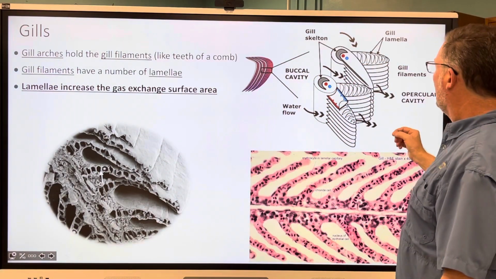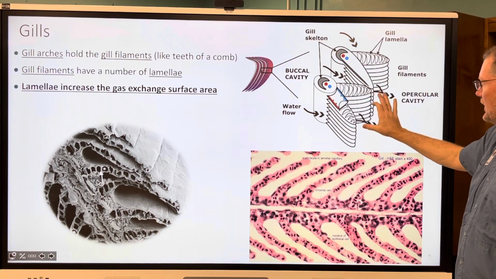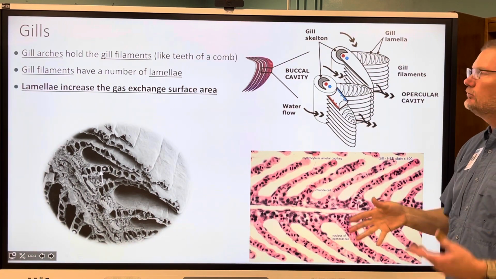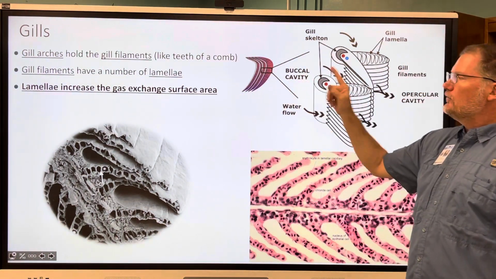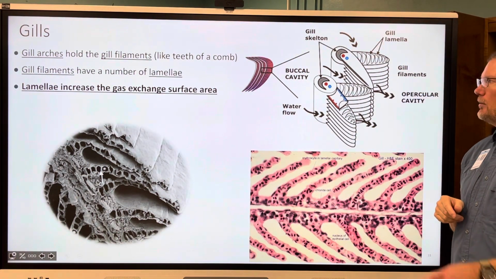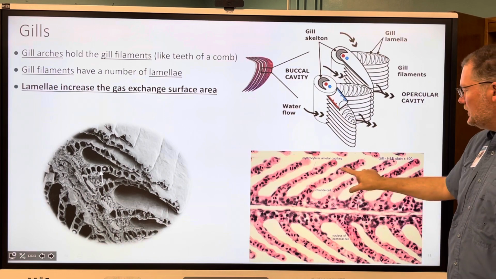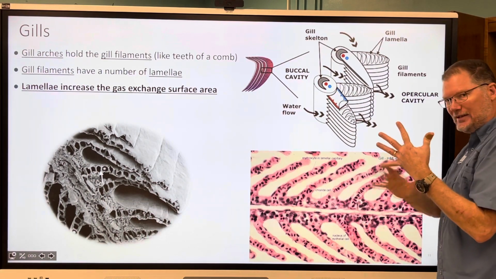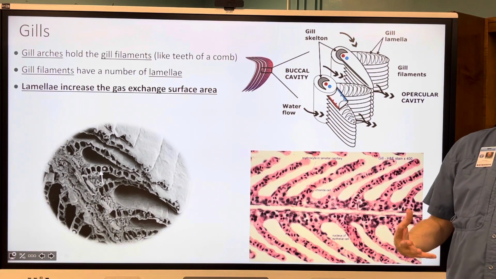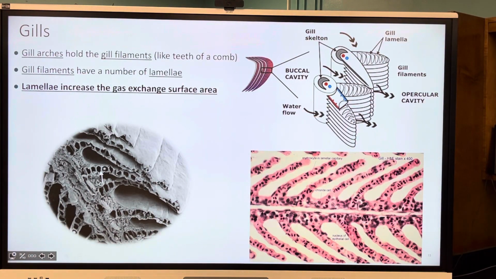And they hold the filaments. The filaments are the pieces, the red stuff. The filaments have lamellae. Remember, so they're broken up into even smaller fanned out pieces. And the lamellae increase the gas exchange surface area.